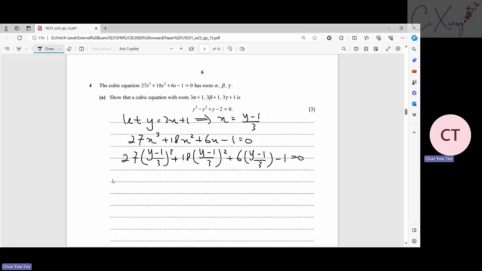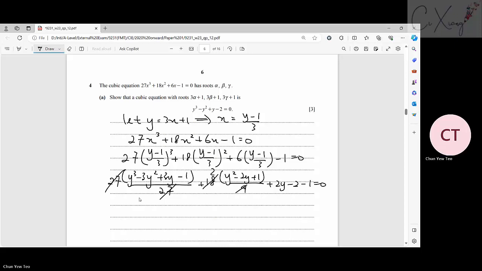You can see that this is 27 times y cubed minus 3y squared plus 3y minus 1 over 27, plus 18 times y squared minus 2y plus 1 over 9, plus 2y minus 2 minus 1 equal to 0. Cancel the 27.